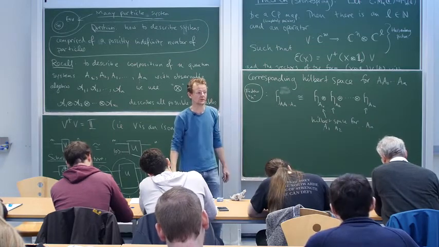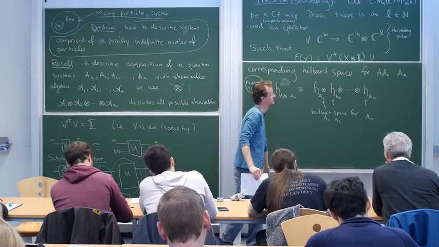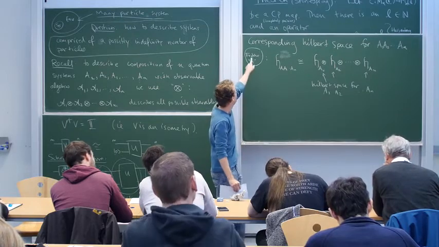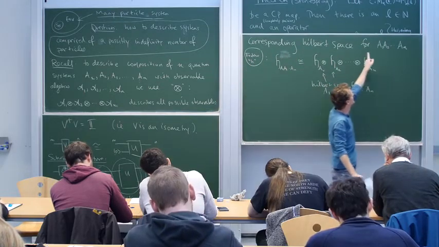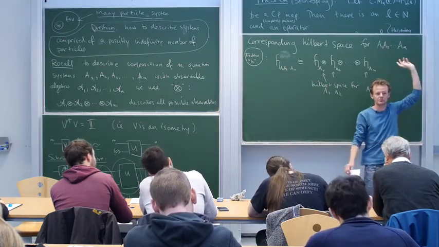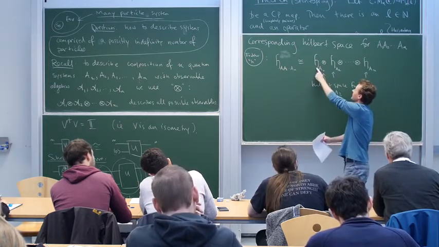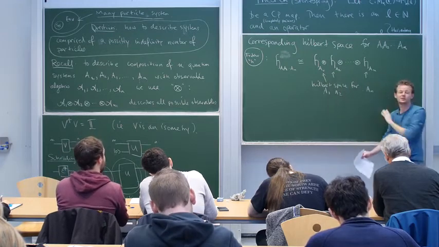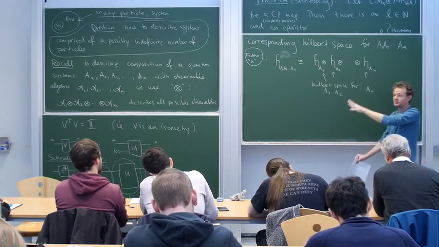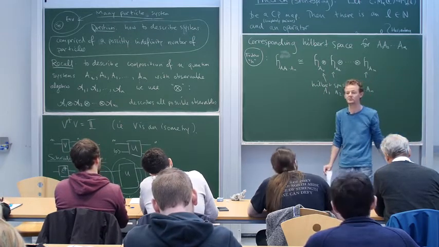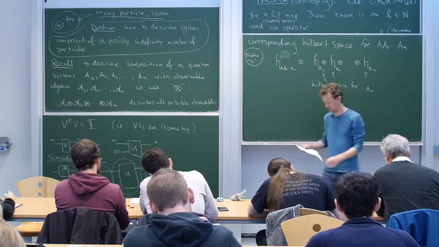I'm just reminding you of how to compose quantum mechanical systems. If you have a composite quantum system of n different subsystems, each with their own Hilbert space, HA1, HA2, all the way up to HAN, then the Hilbert space for this composite system is just the tensor product of these Hilbert spaces. We already met that.